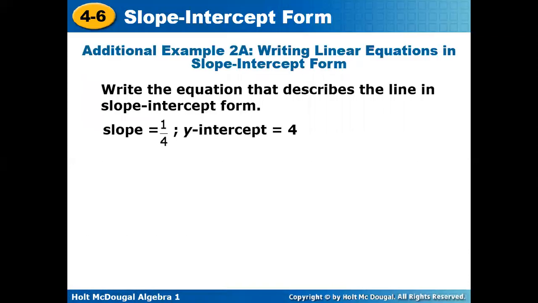So let's see example 2. Write the equation that describes the line in slope-intercept form. When you see slope-intercept form, you will write y = mx + b. After that, substitute the given values for m and b. You know that m is the slope and b is the y-intercept with its sign.